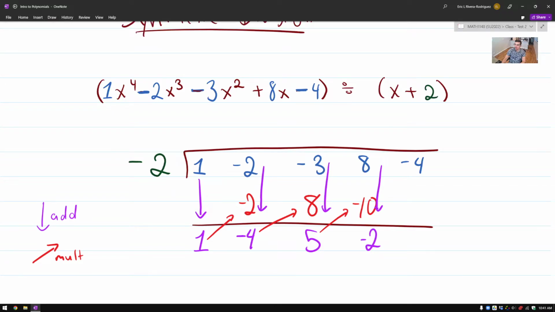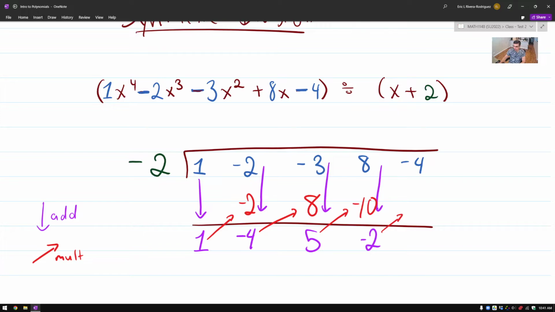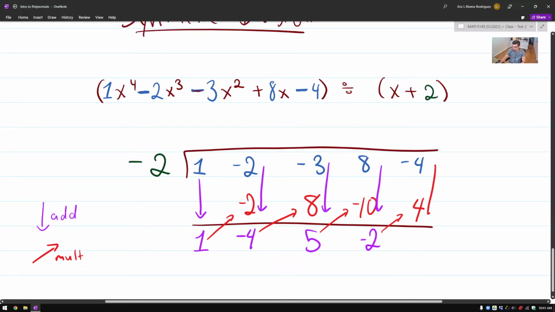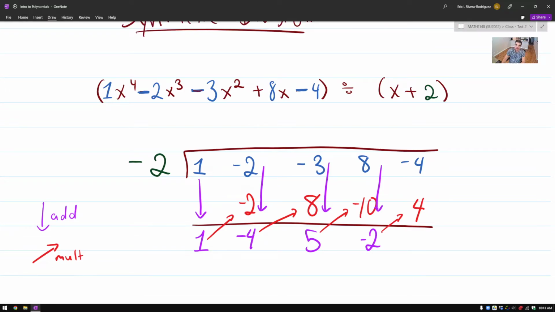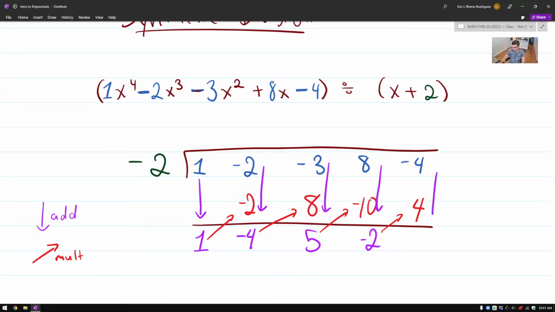And we go up. -2 times -2, +4. And this is the most important part here, because now we are finishing with our division. We go down. And this is the value that you are looking for.